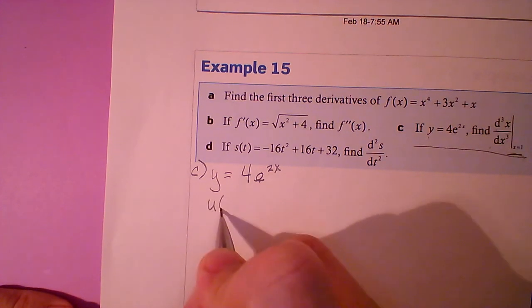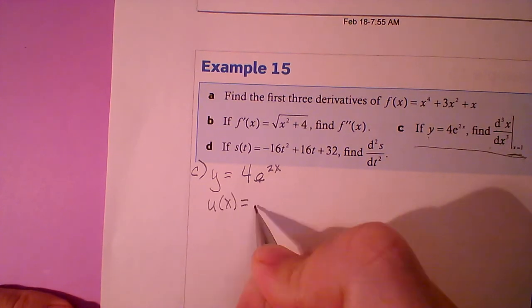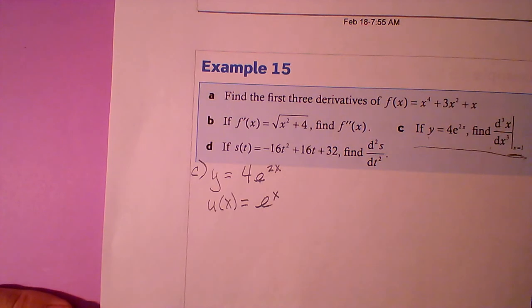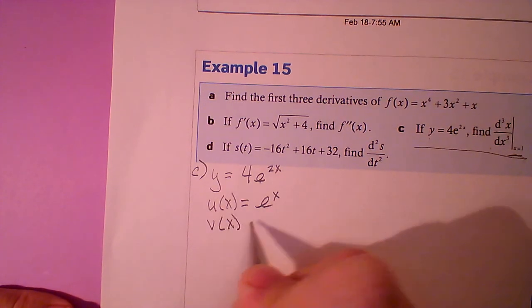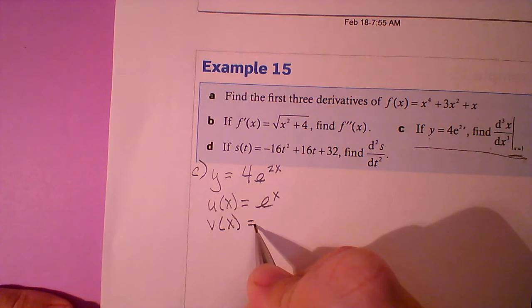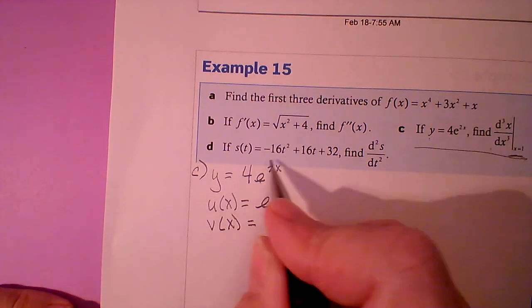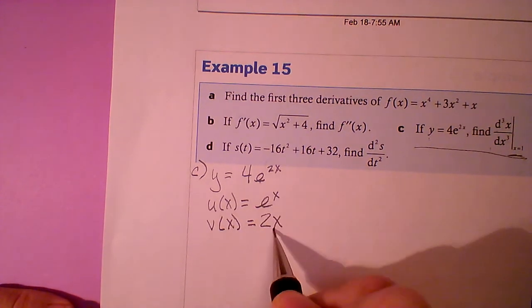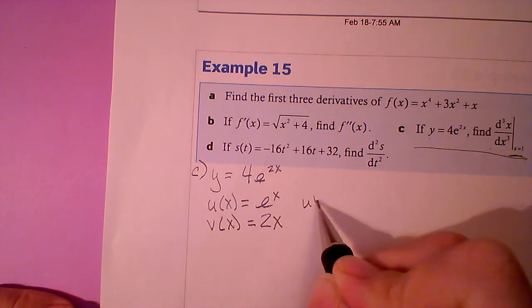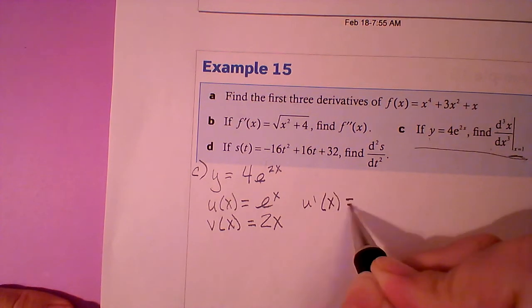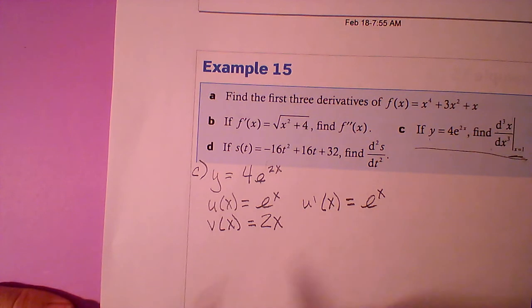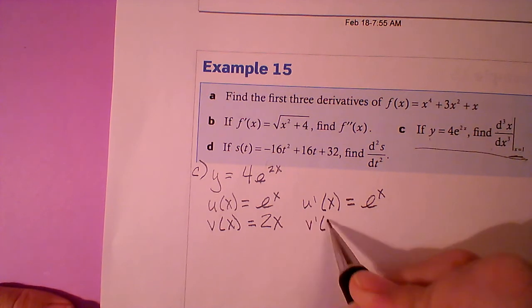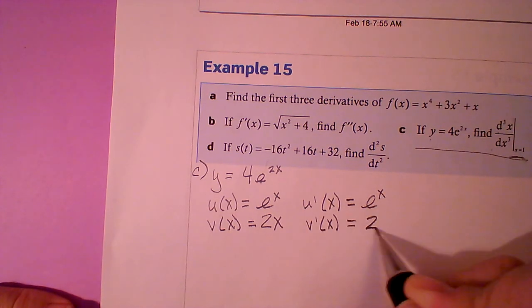So my outer function, u of x, is my e to the x function. My inner function, v of x, is what's going on in my exponent here, 2x. So the derivative of u, e to the x, is e to the x, that's easy. And the derivative of v is just 2.